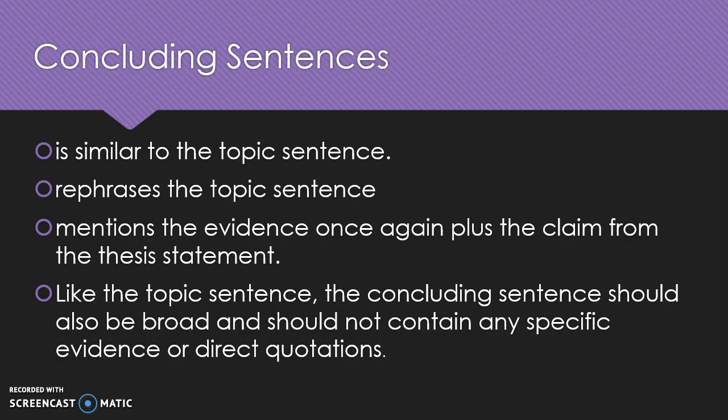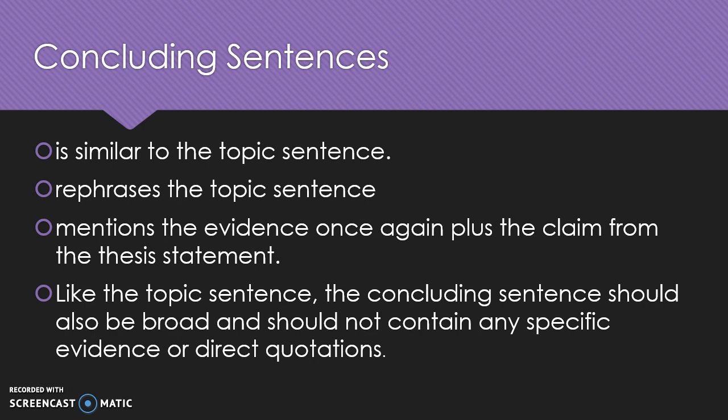So your concluding sentences, simple. It's similar to your topic sentence. It rephrases or rewords your topic sentence. It's going to mention the evidence once again, plus your claim from your thesis statement. So, like the topic sentence, the concluding sentence should be broad.